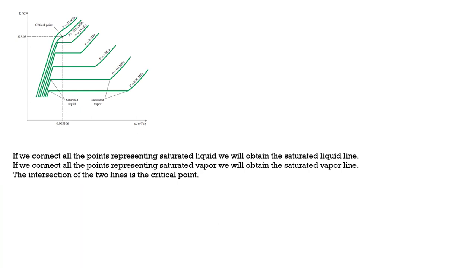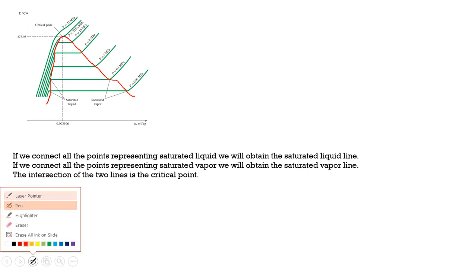So this is the saturation liquid line and this is the saturation vapor line, and these two lines meet at a single point. That point is called the critical point.